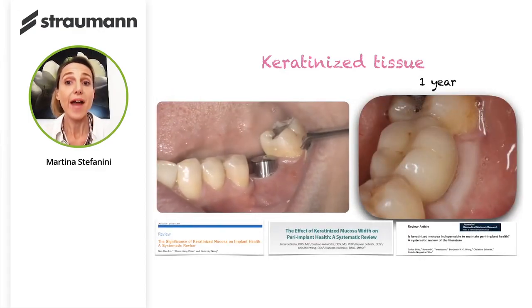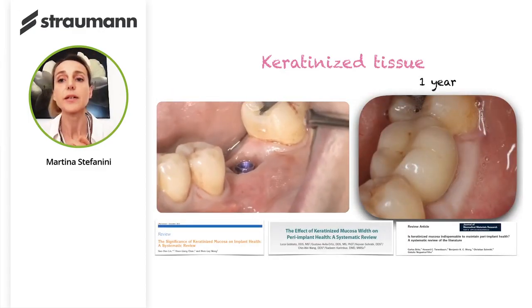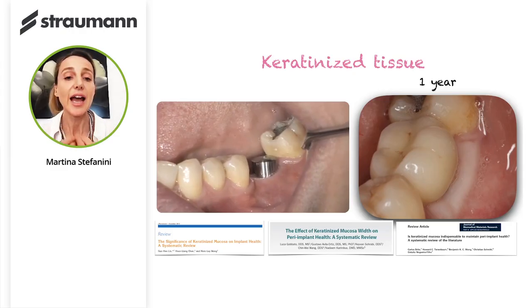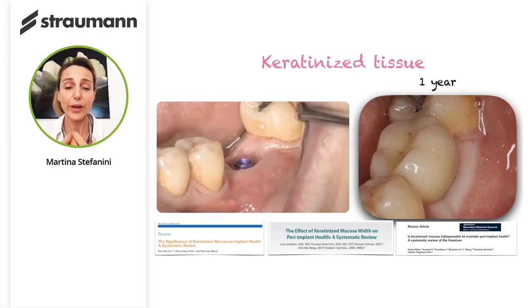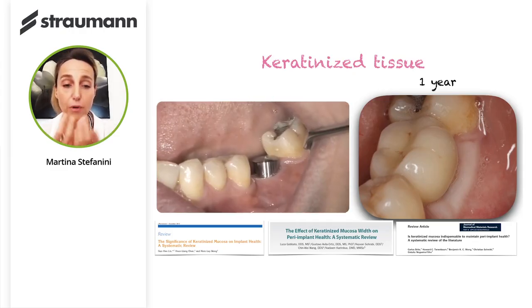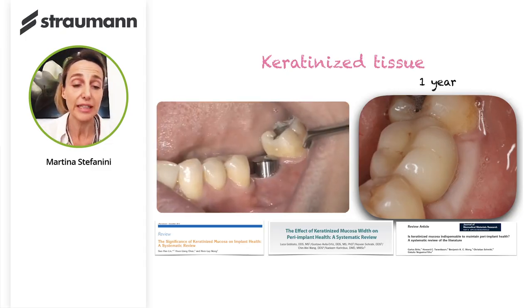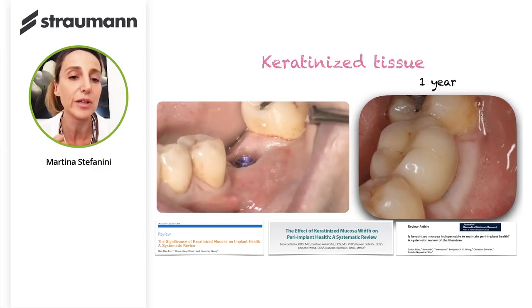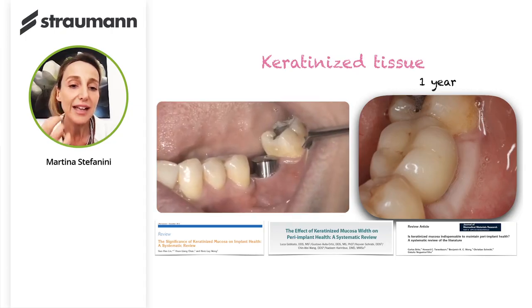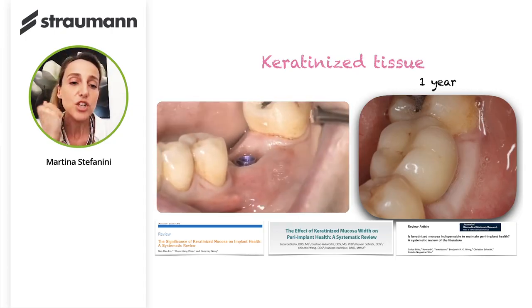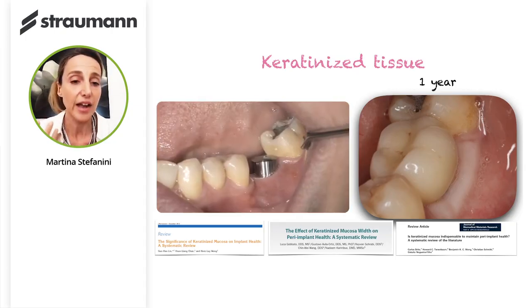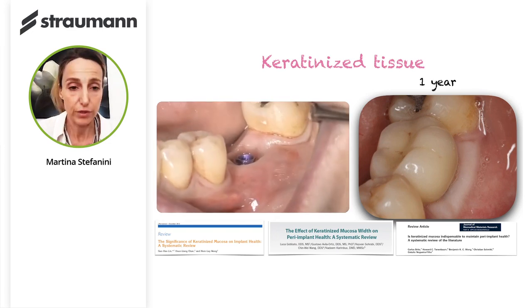And if you compare the baseline and the 1 year post-op, you immediately understand how different it is now for the patient to brush this area. At the baseline, this implant was positioned in an area with only alveolar mucosa, and alveolar mucosa is mobile. And when the patient tried to brush this area, it was really uncomfortable.